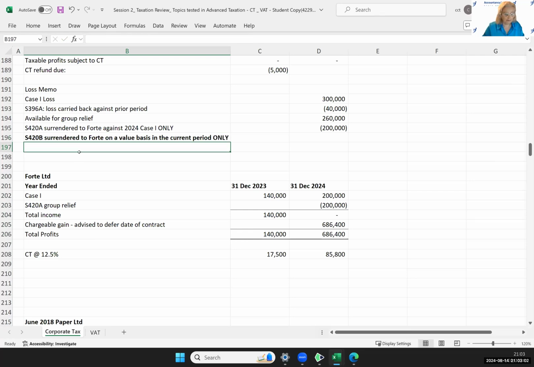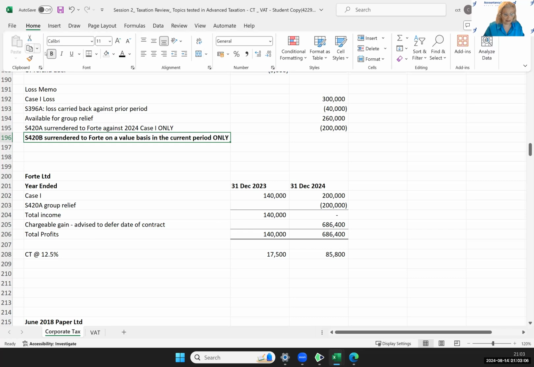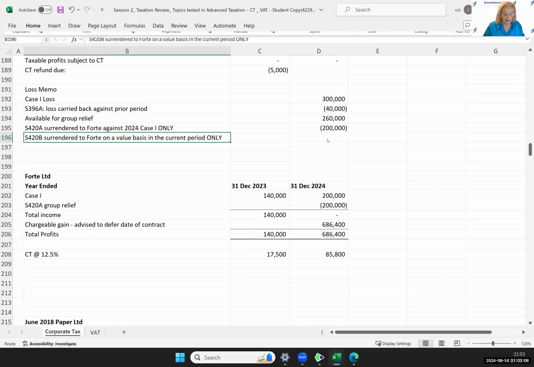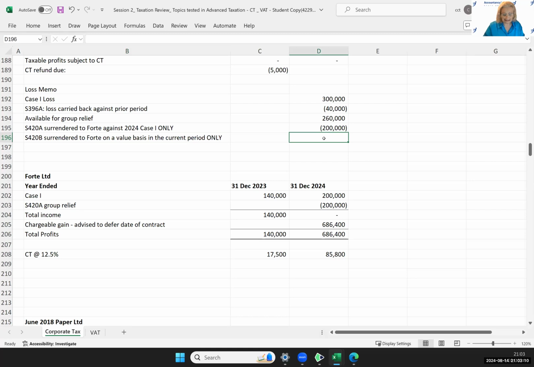so remember, surrendering losses can only go to the same period. So how much losses are left? 60,000. So we're going to take all of that 60,000. Sorry, this is wrecking my head. There we go.